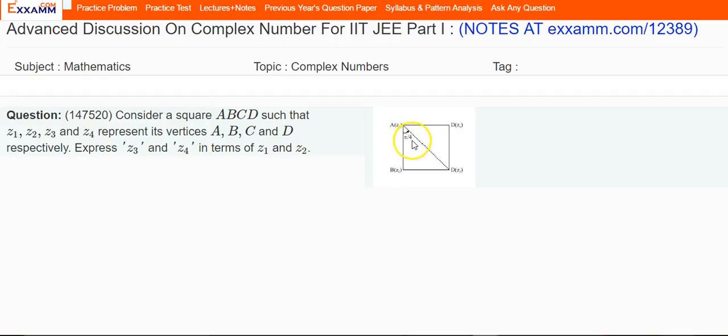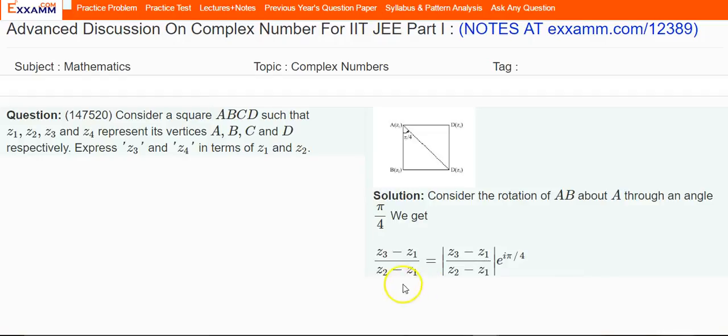Alpha in this case is pi by 4. So this is our equation, and we have just used the rotation of complex number formula when we have rotated Z2 by an angle of pi by 4 in counterclockwise direction.